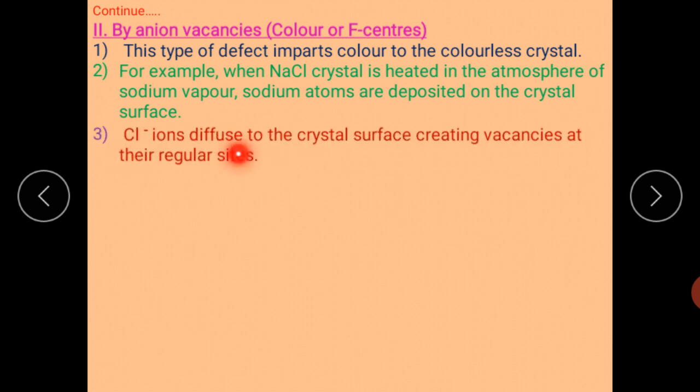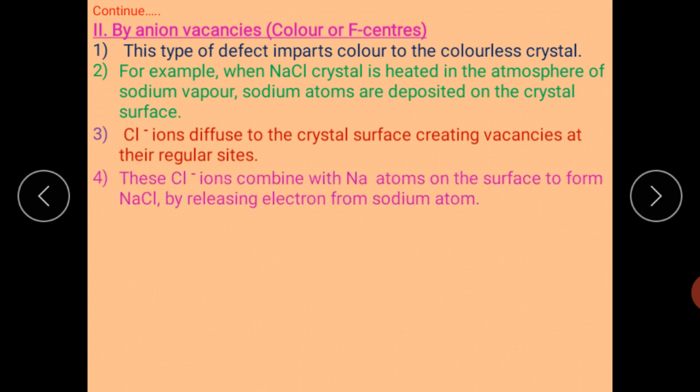The Cl- ions diffuse to the crystal surface, creating vacancies at their regular sites. These Cl- ions combine with Na atoms on the surface to form NaCl by releasing electrons from the sodium atom.